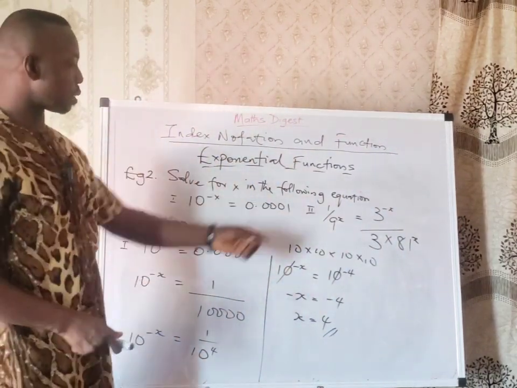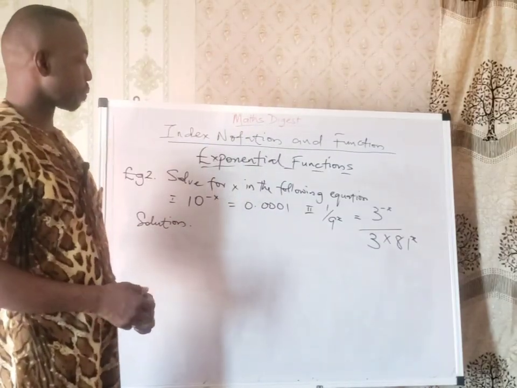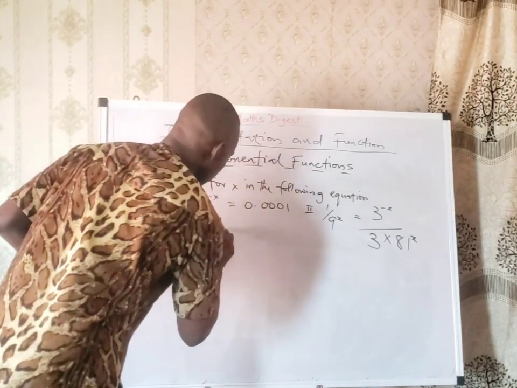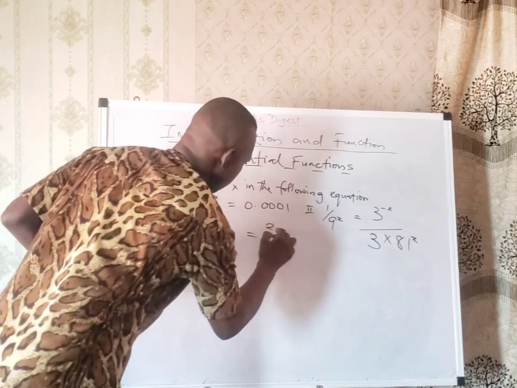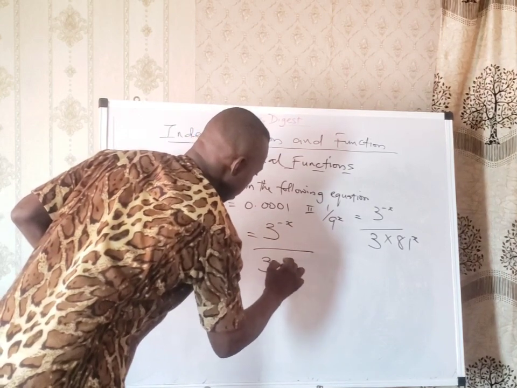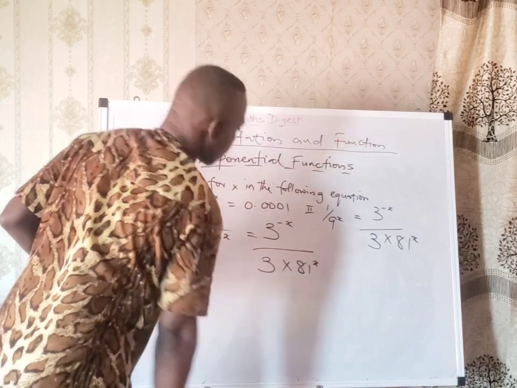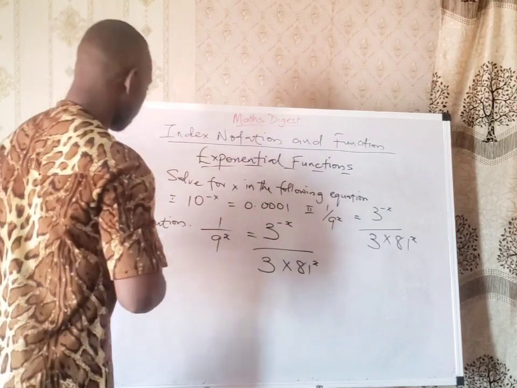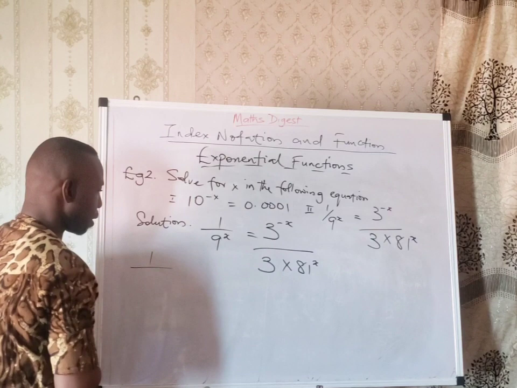So quickly we are going to look at the second example. For the second example, we have 1 over 9 raised to power x equal to 3 raised to power minus x all over 3 times 81 raised to power x. So from here now we can say 1 over, how many 3 are in 9?